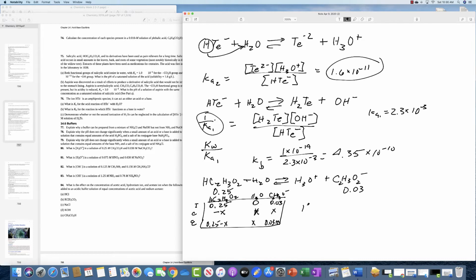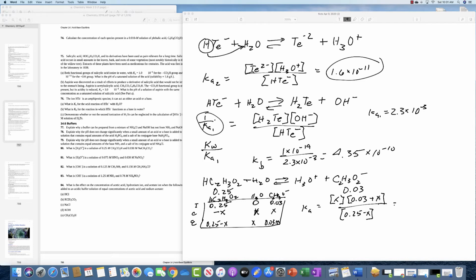And so Ka is equal to X times 0.03 plus X divided by 0.25 minus X. On the bottom here, we can ignore this because X is going to be substantially less than 0.25.